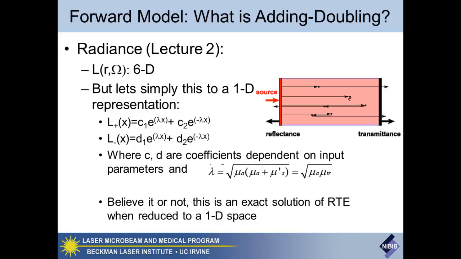By doing this, it simplifies the radiative transport equation tremendously, so you can apply a very simple solution to describe the forward and backward directed radiance derived here. Again, the stress is that this is an exact solution under the condition that we are collapsing this 6-dimensional space into 1 dimension.